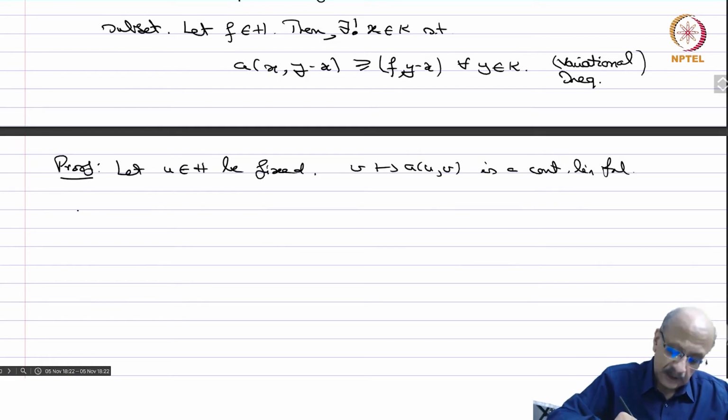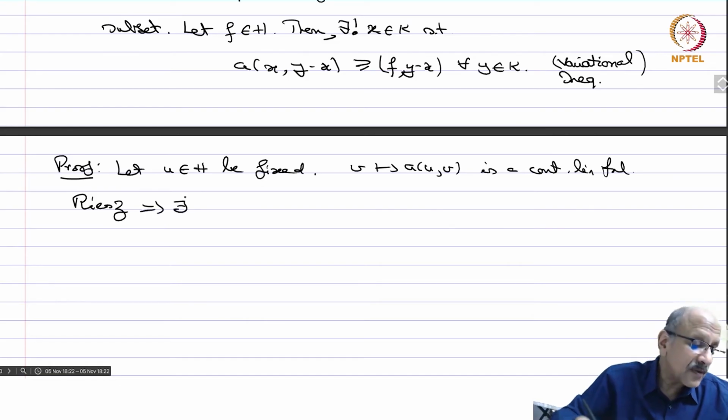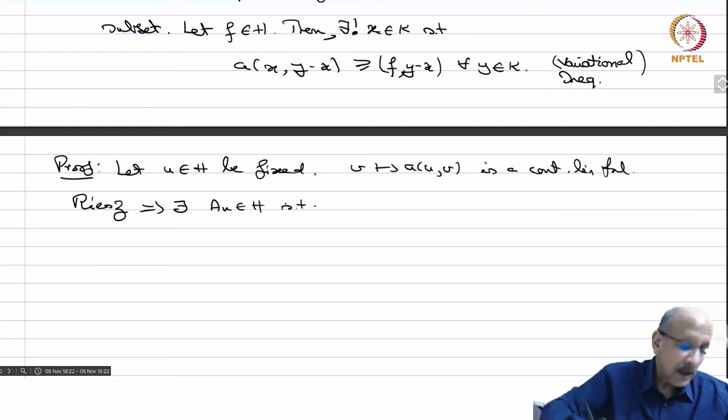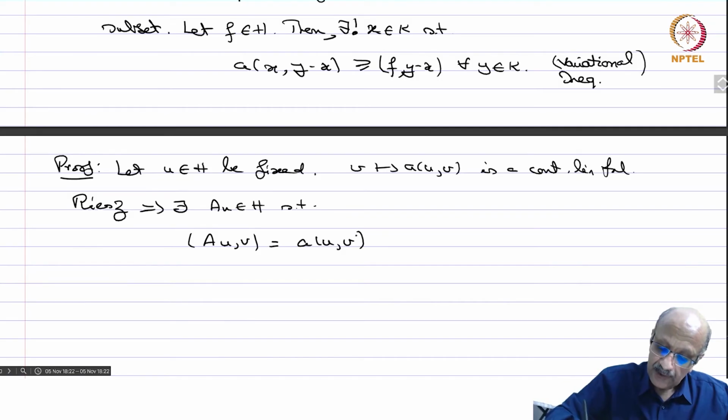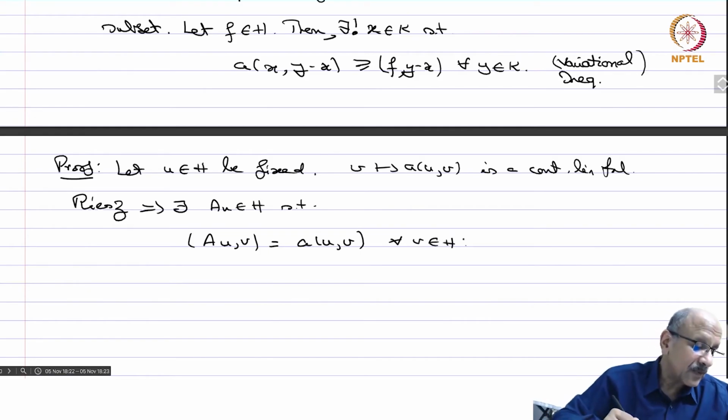Therefore, by the Riesz representation theorem, there exists an Au in H such that (Au, v) equals a(u, v). I should usually have put it in the second coordinate, but now we are in the real Hilbert space, so I'll be fairly carefree in the sense that it is symmetric, and therefore I can put it anywhere here. This is for every v in H, by the representation theorem.